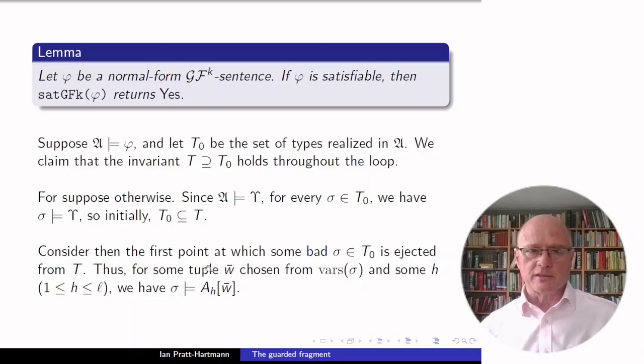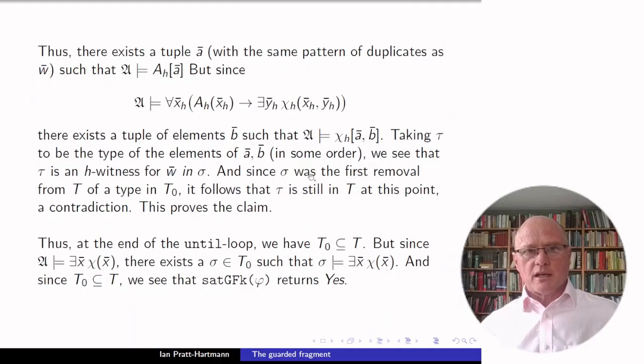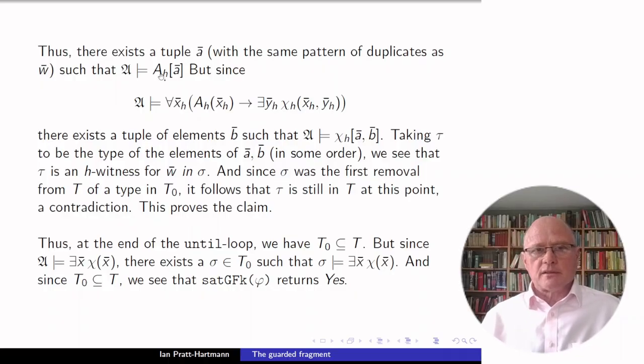There won't be a witness for this tuple, and since sigma is in T0, it will be realised in the model A. Therefore, there'll be a tuple of elements a bar in the model A, satisfying the guard on the hth witness constraint.